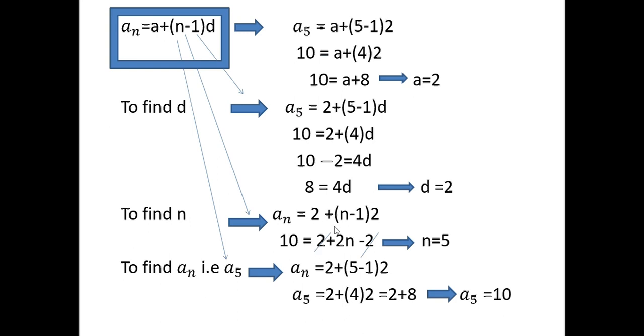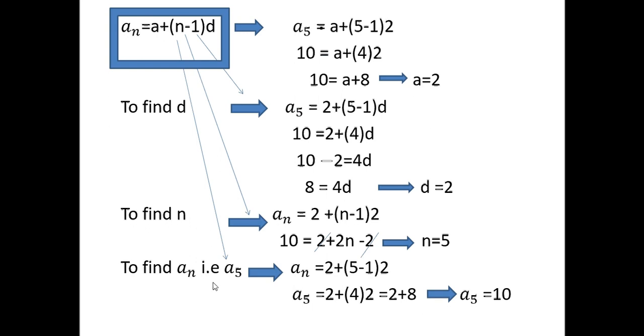So 10 equal to 2 plus n into 2, minus 1 into 2, that is 2n minus 2. Now 2 and plus 2 and minus 2 will be cancelled out. We get 2n equal to 10. Dividing both sides by 2, we get n equal to 5. That is n equal to 5.